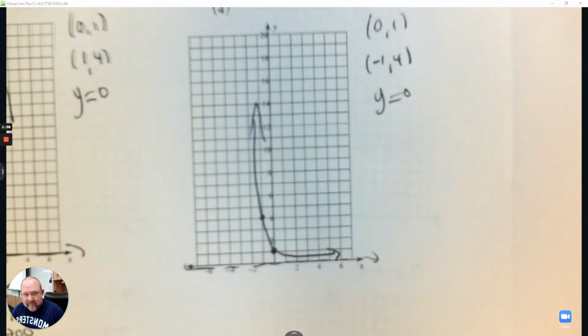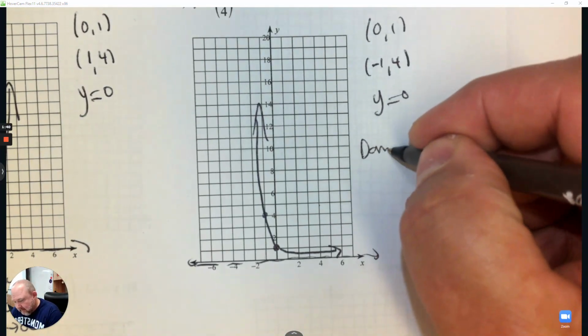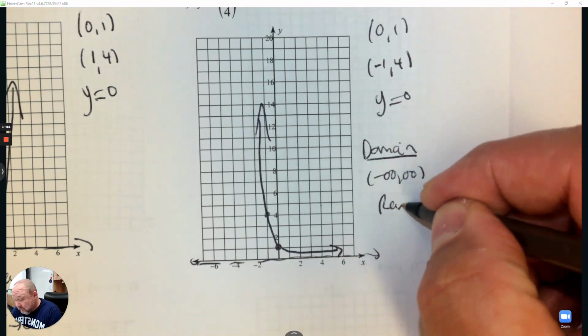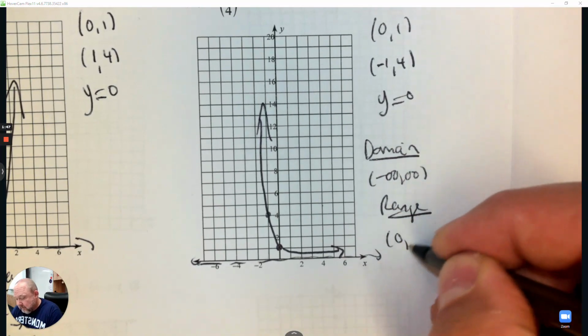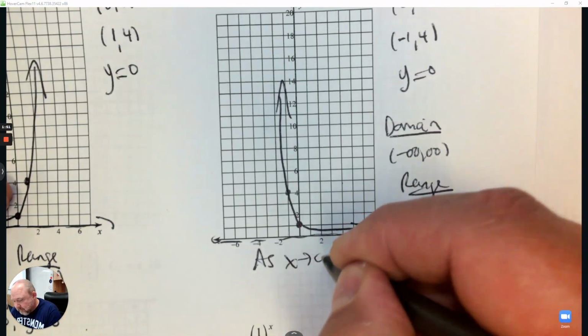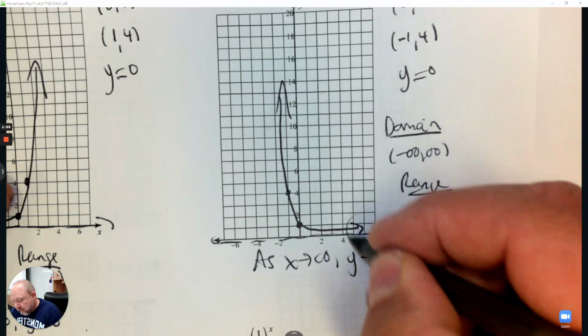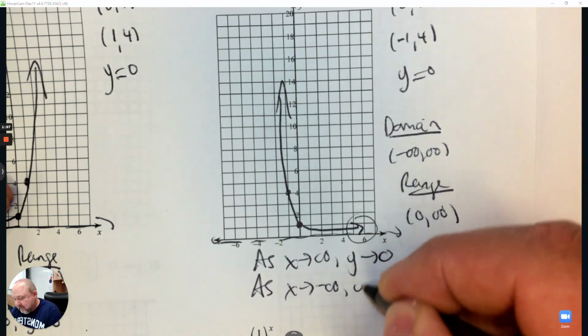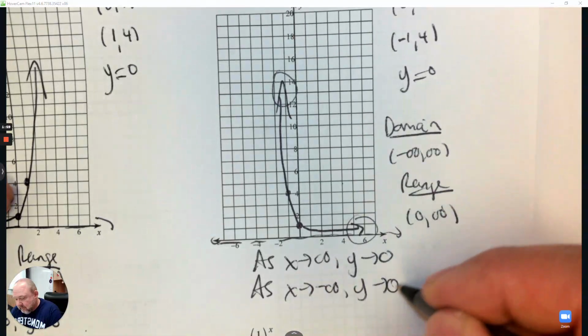So there's my graph. I'm going to do the domain here. That's all real numbers. I'm going to do the range right here, so the bottom to the top of the graph. And then the end behavior. So as x approaches infinity, now notice the right end goes to 0. As x approaches negative infinity, the left end goes up, which is infinity.